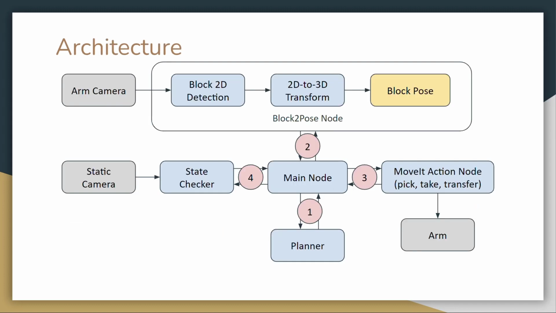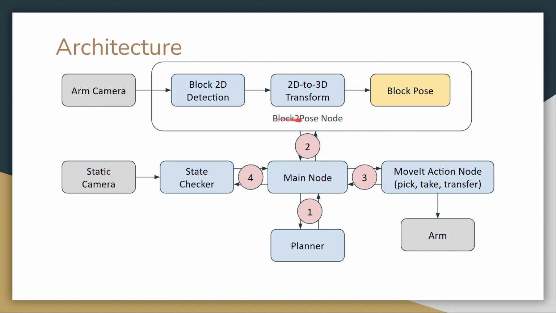So here is our system architecture. The bidirectional arrows mean it is implemented using ROS service. The main node controls the entire flow of the system. The main node will first ask the planner to give a plan from the current state to the goal state. After it gets the plan, the main node knows which block to pick up, so which color of block to pick up.